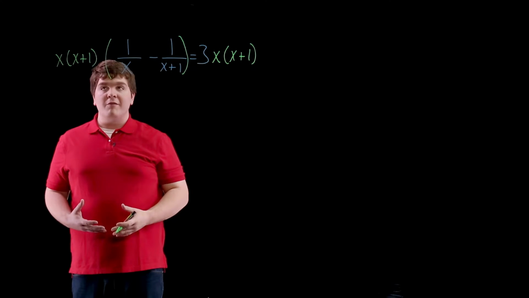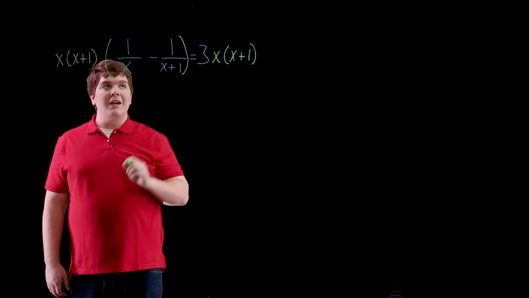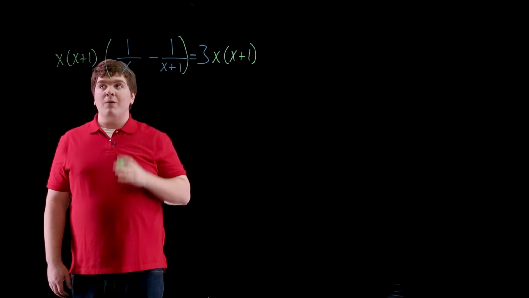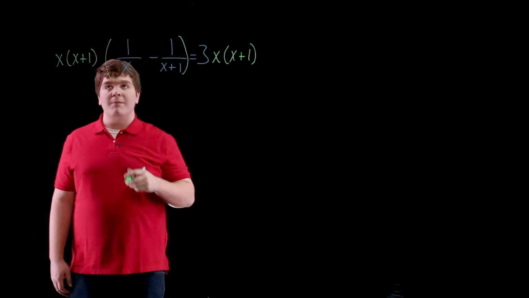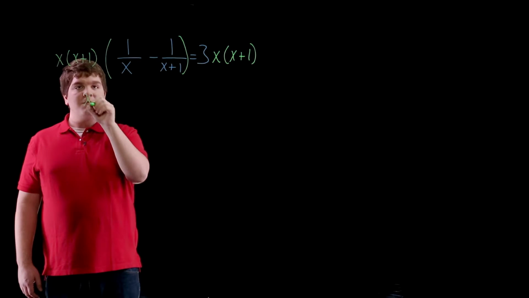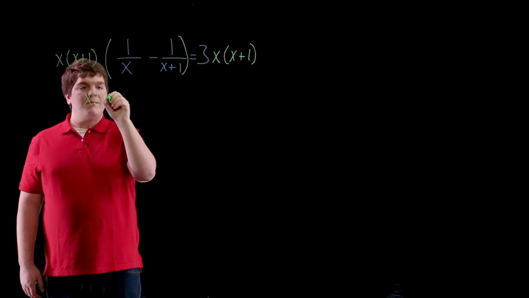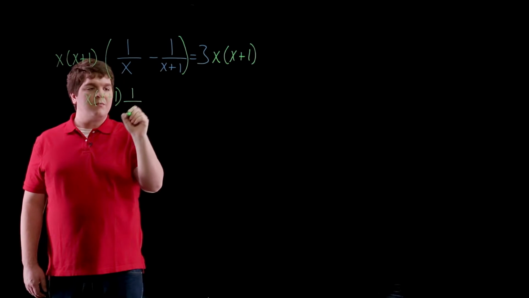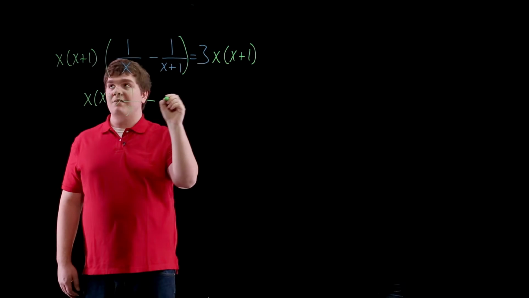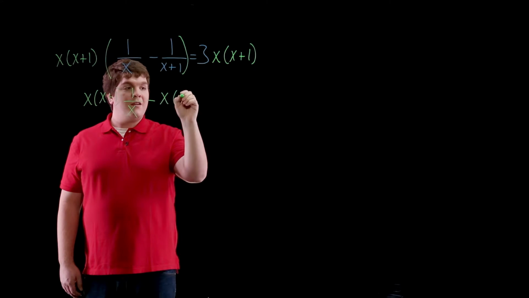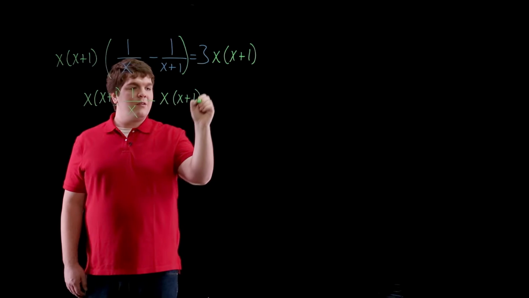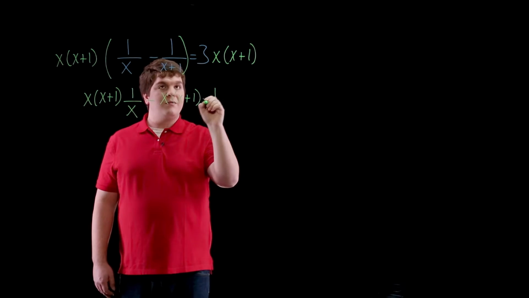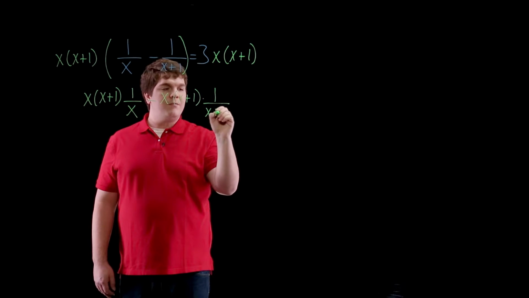Now we'll use the distributive property to multiply both 1 over x and 1 over x plus 1 by x times x plus 1, which leaves us with x times x plus 1 times 1 over x minus x times x plus 1 times 1 divided by x plus 1.